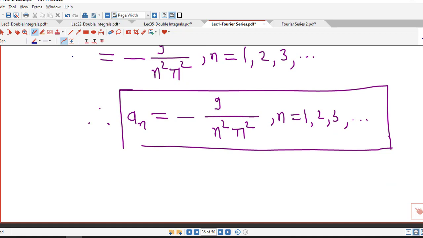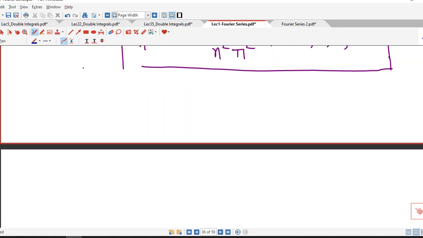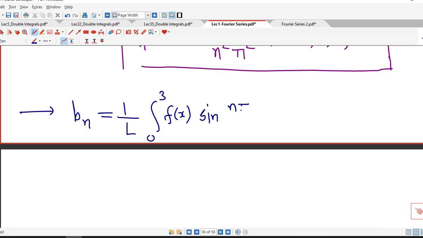Now we find out Fourier coefficients bn. So formula for bn is 1 by L. Here integral has the limits 0 to 3 f(x) sin n pi x over L dx. L is 3 by 2, so we have 2 by 3. Here we have 0 to 3.